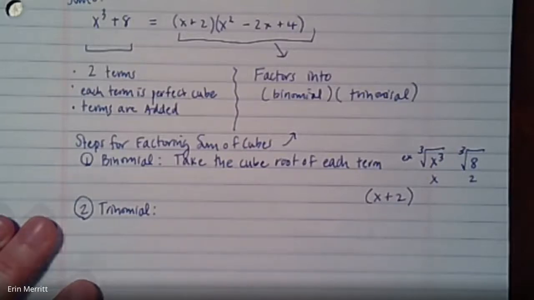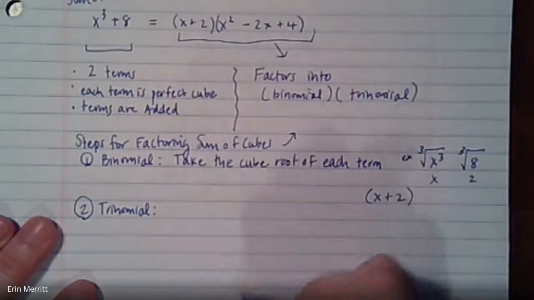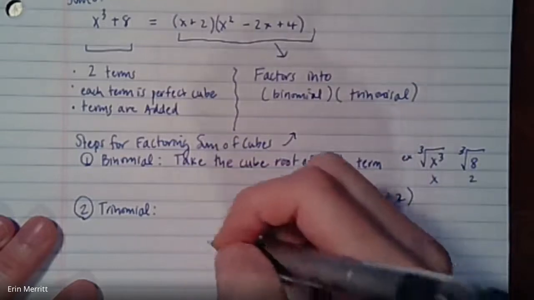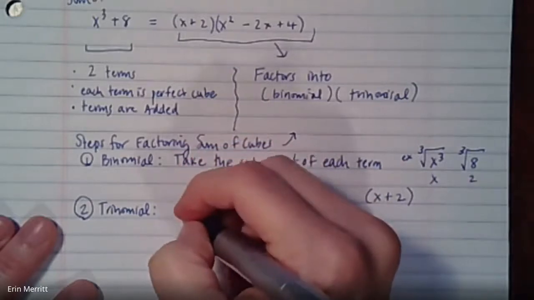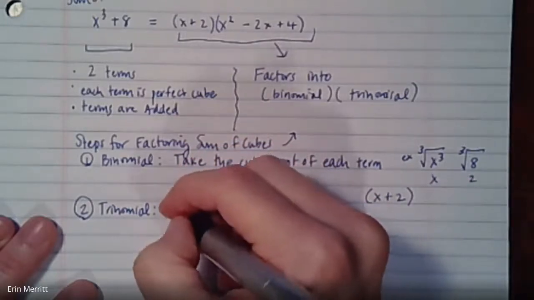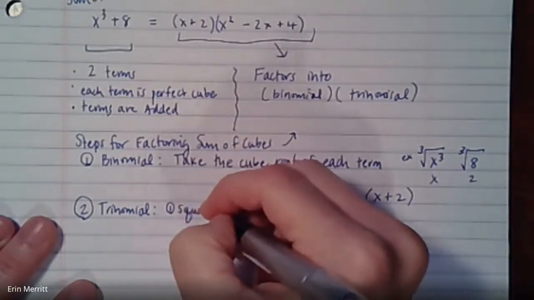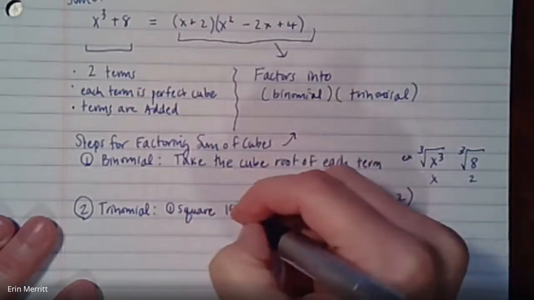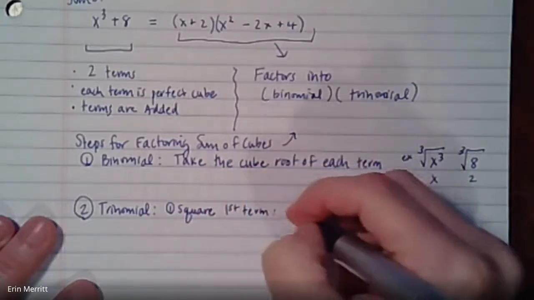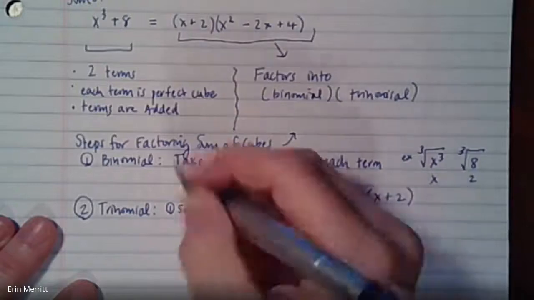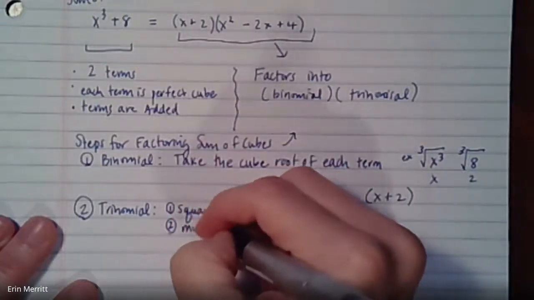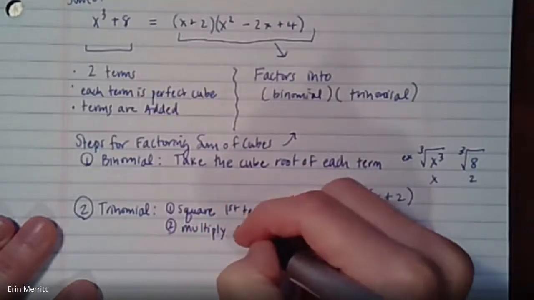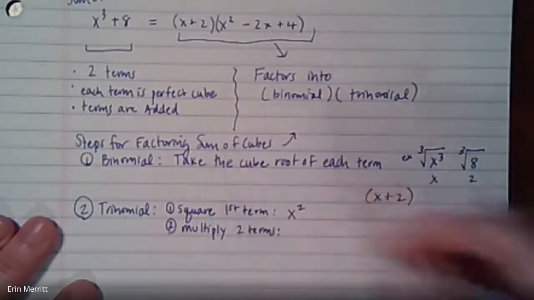All right. Well, to get the x squared piece of it, or the first term, you're going to square the x here. So the first thing is you square whatever the first term was. So that produced the x squared. The middle term is you multiply together the 2 terms.